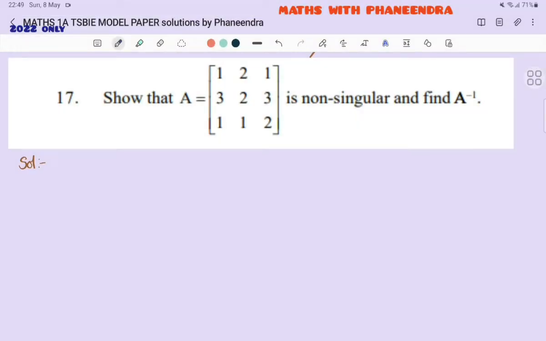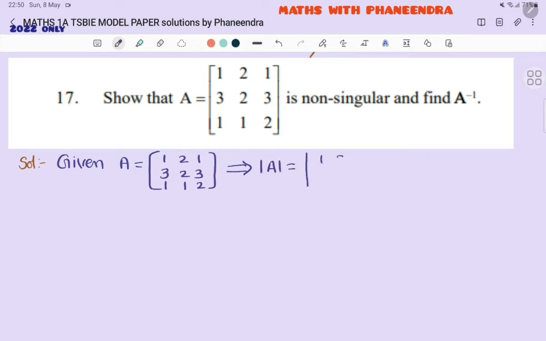Question number 17. Show that A is non-singular and find A inverse. First, given A is equal to 1 2 1, 3 2 3, 1 1 2. Find out the determinant of this matrix. So det A is equal to, we know how to proceed.